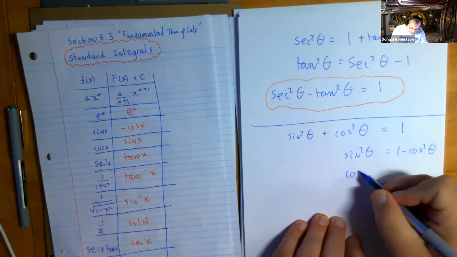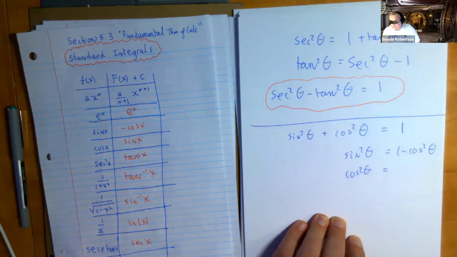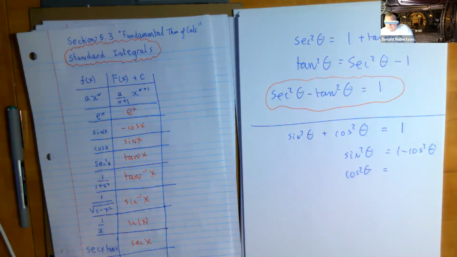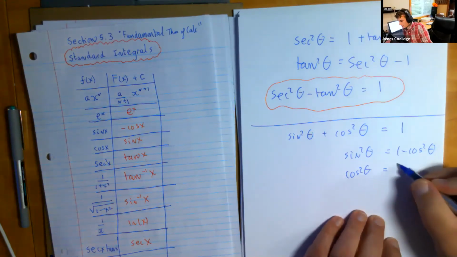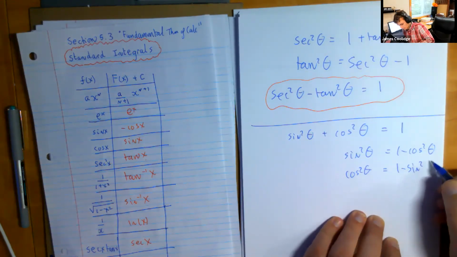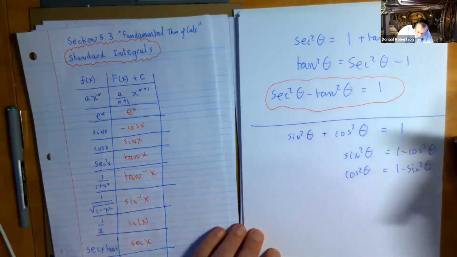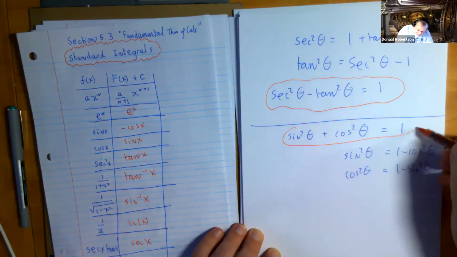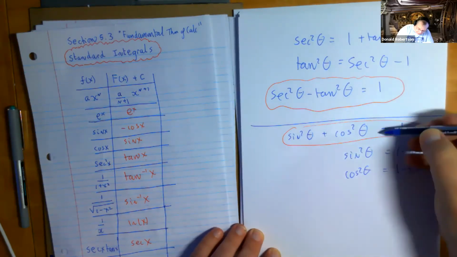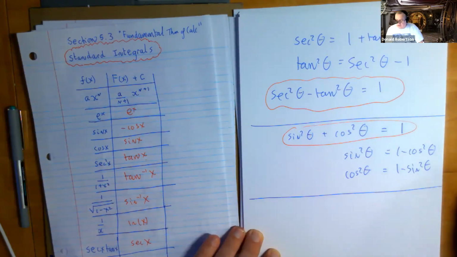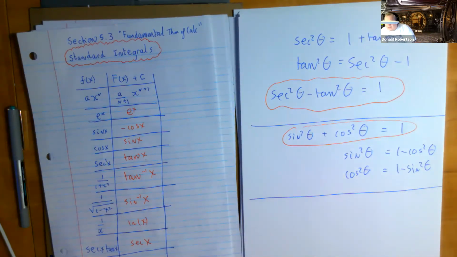What would cos squared theta be then? One minus sine squared. Okay. Now, if you're going to remember one of them, I think you should remember this one, but shouldn't you be able to use this one to get the other two? Have you noticed that for any identity, if you know one, there's 3 of them, but you can always figure out who the other 2 are.